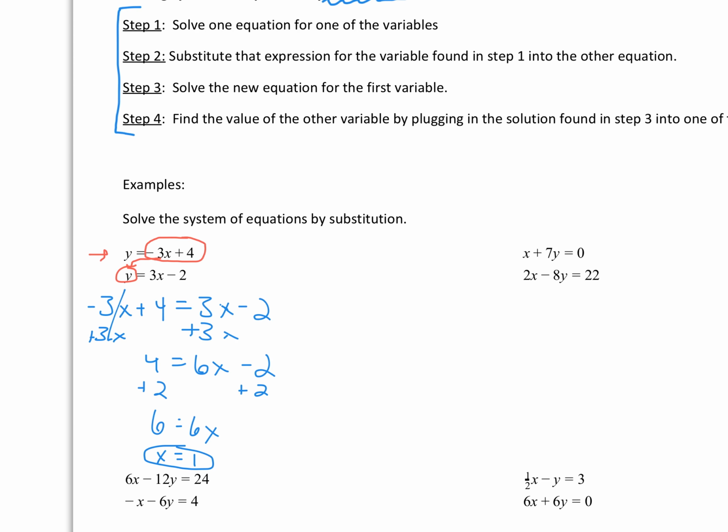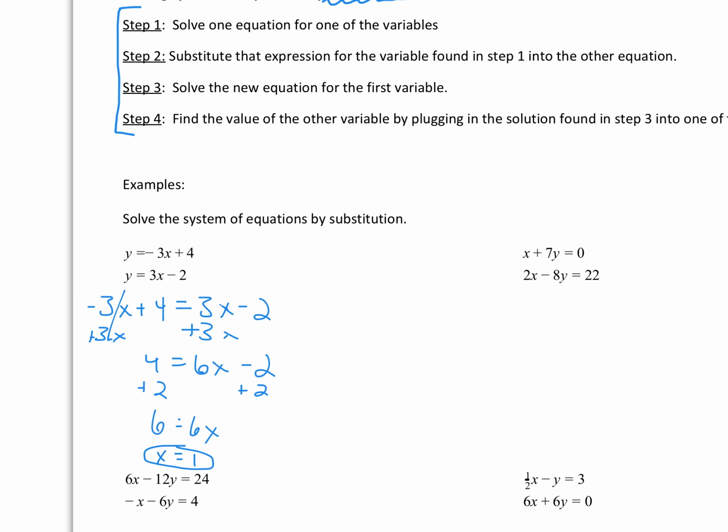Step 4 says find the other value by plugging in the solution into one of the original equations. So we're going to take x equals 1 and put it into one of these original equations. It doesn't matter which one. A lot of times I pick the easiest one to work with. Both of these seem fairly easy, but I'm going to pick the second one just because the 3x is positive.